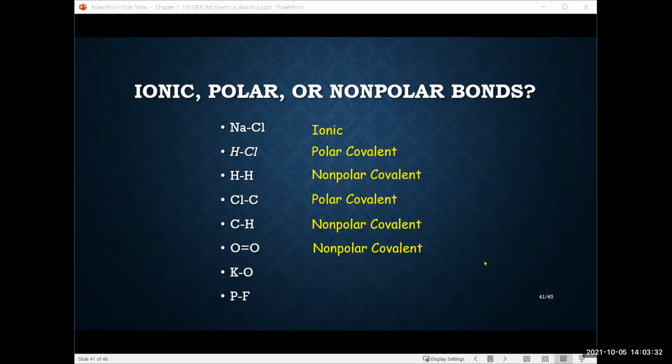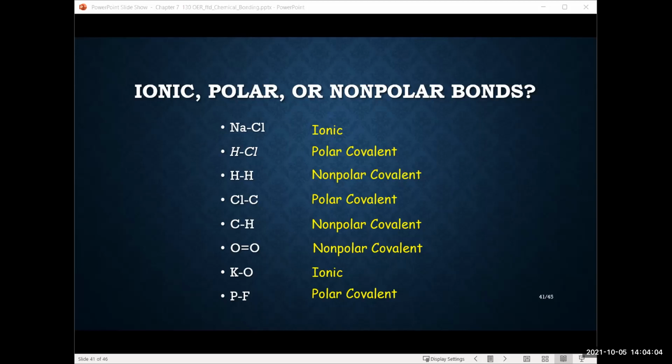Potassium and oxygen, well, we got a metal and a non-metal. Automatically, it's an ionic bond. Okay. And then finally, phosphorus and fluoride, another covalent bond. It's especially polar. Why? Because we got fluoride. Every time you got a fluoride bond, very quickly you have a polar covalent bond.